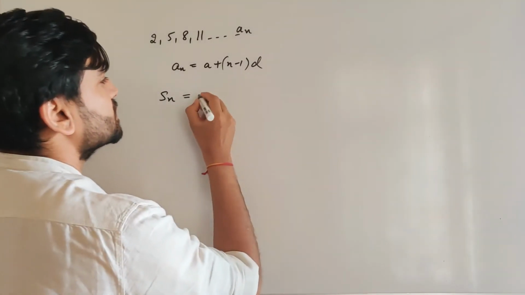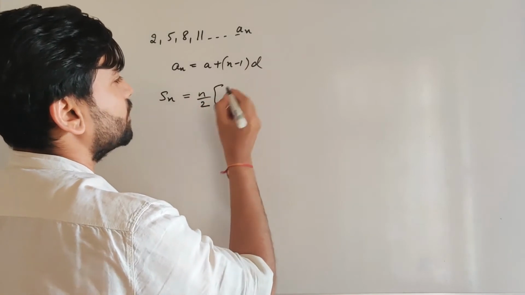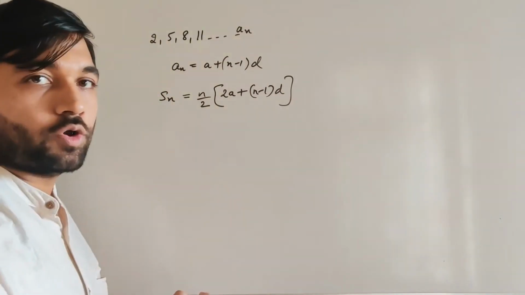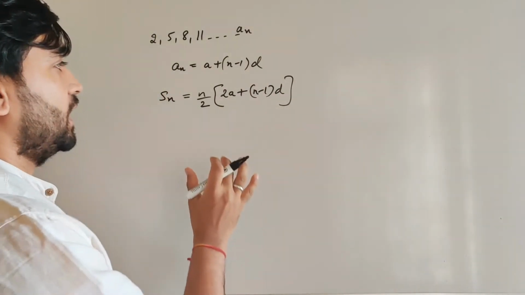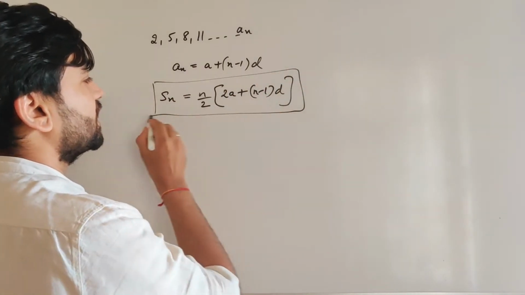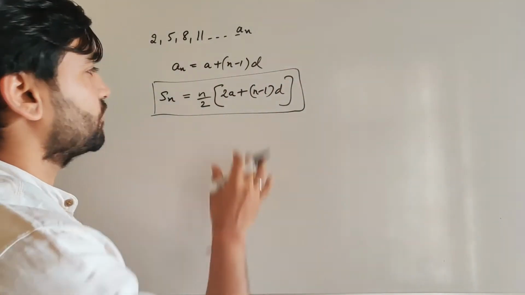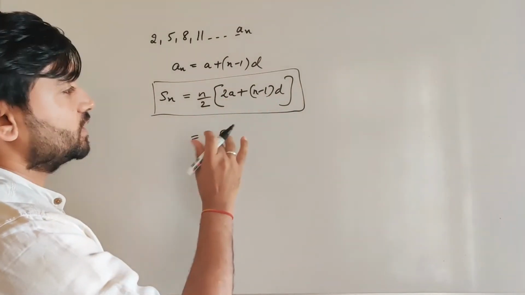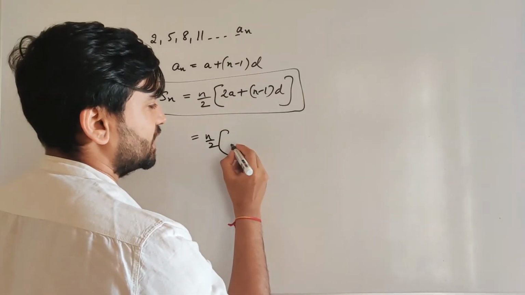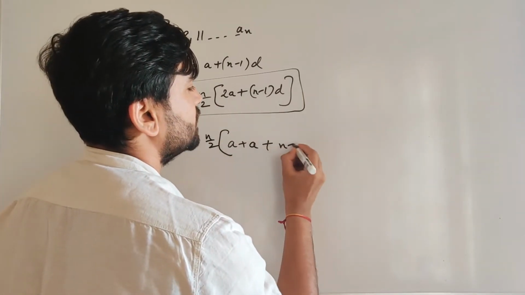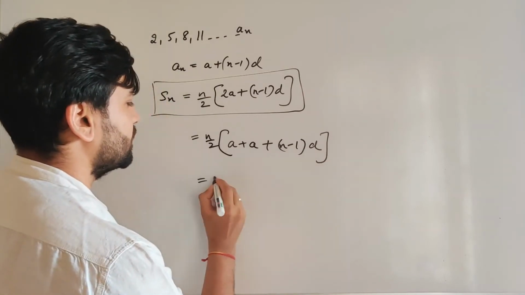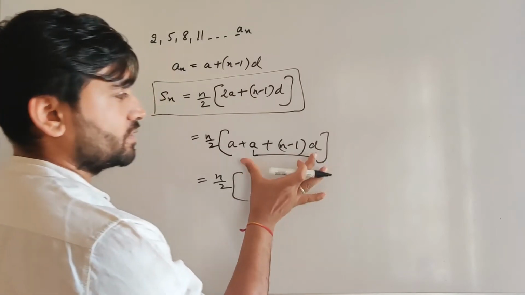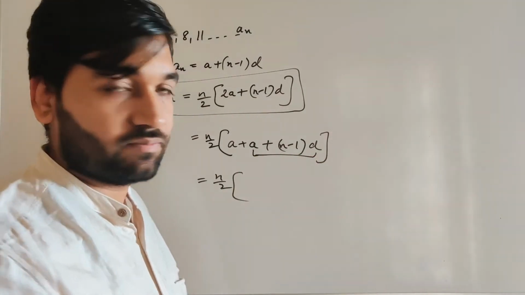The formula is n by 2 [2a plus (n minus 1) into d]. Okay, so this is the first formula, and we can derive 2 more formulas from here. So what I'll do is, in the same formula, 2a, I'll split it as a plus a, and in the next step, this a plus (n minus 1) into d, we know this is given by an, the nth term.